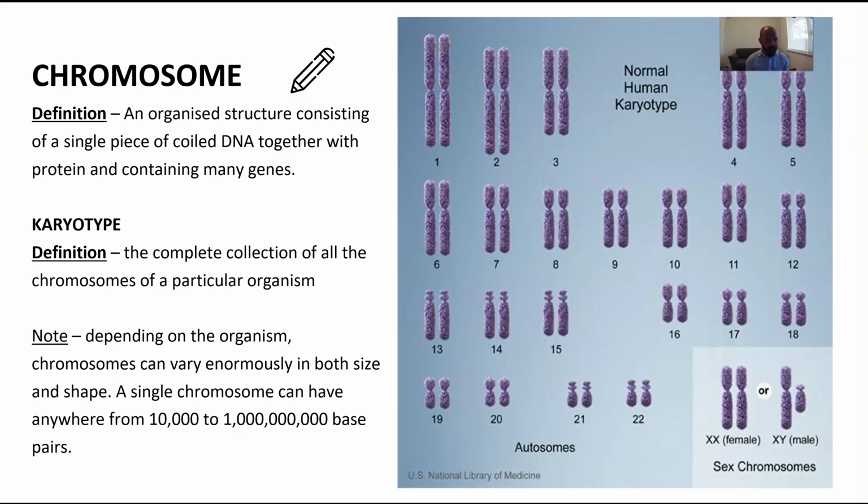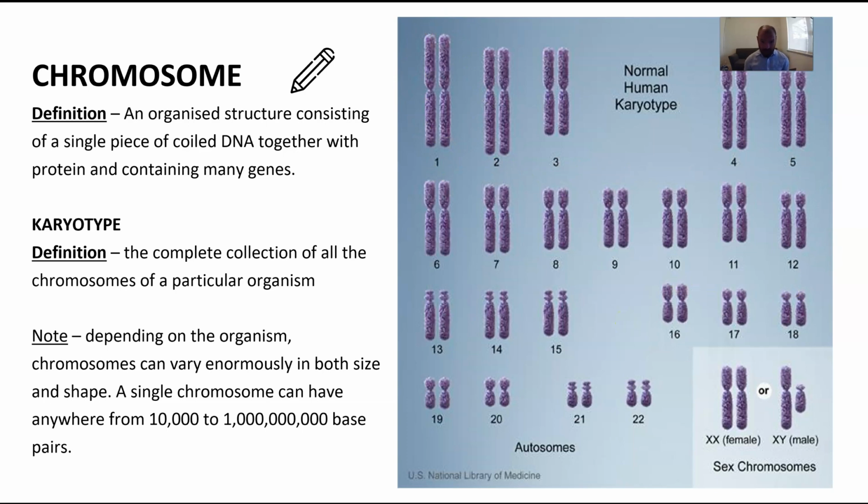So, you've probably heard of the word chromosome before. There's a definition there for you to write down. Now, a chromosome is just the genetic material that has been packaged up into a structure, and the structure is called the chromosome. On this slide you can see representations of all of the chromosomes that are present in humans.